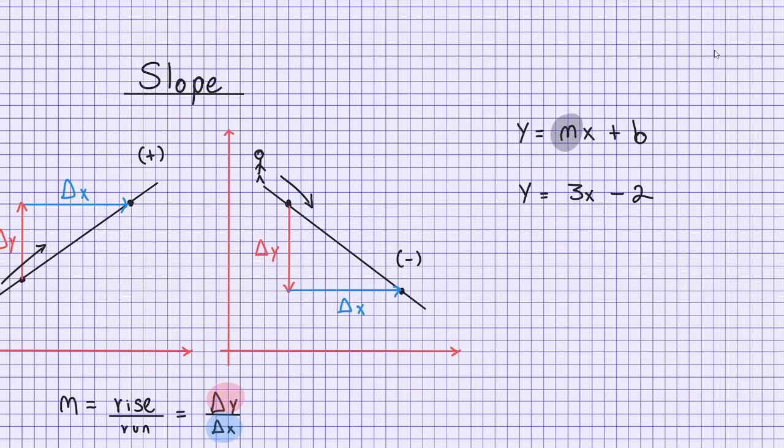So we automatically know that the line described by this equation has a slope of 3. If we had an equation like this, again, we would automatically know that the slope would be -5.